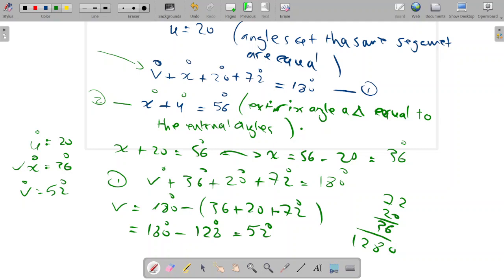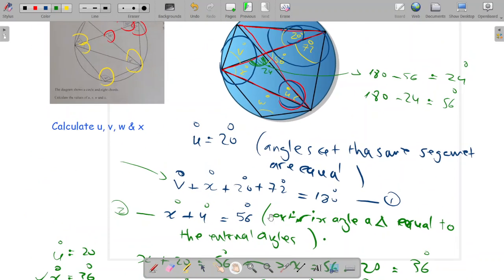Okay. So now what is left from the drawing? What is left is the angle W. The angle W exists in a triangle, and how can I use the given information to solve for W?